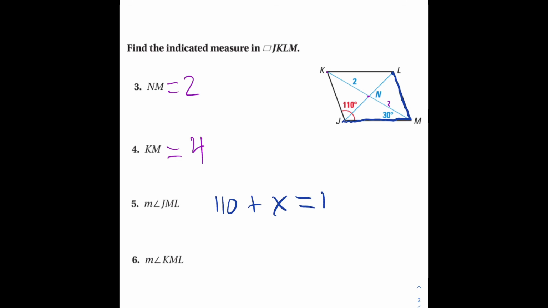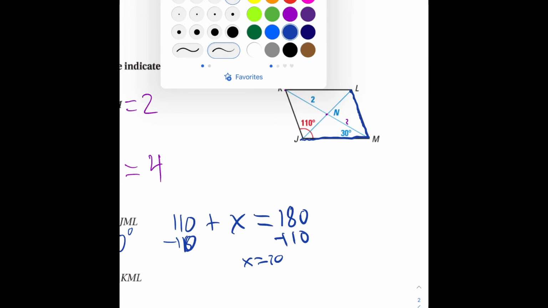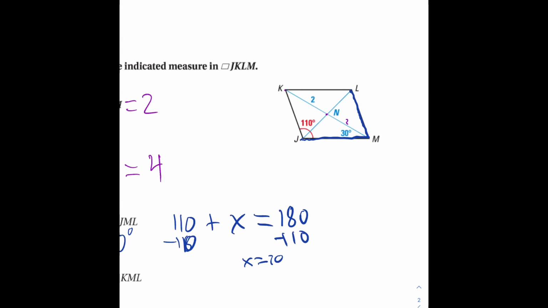I'm not sure what the angle is, but I know it's going to equal 180. So this unknown angle, JML, is going to equal 70 degrees.